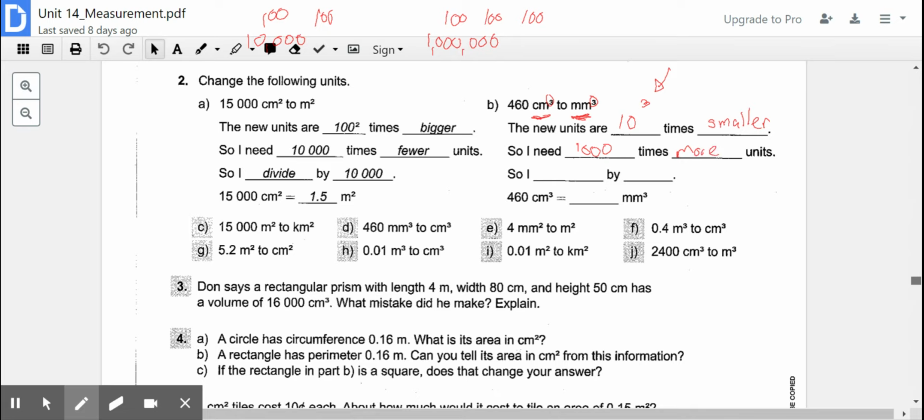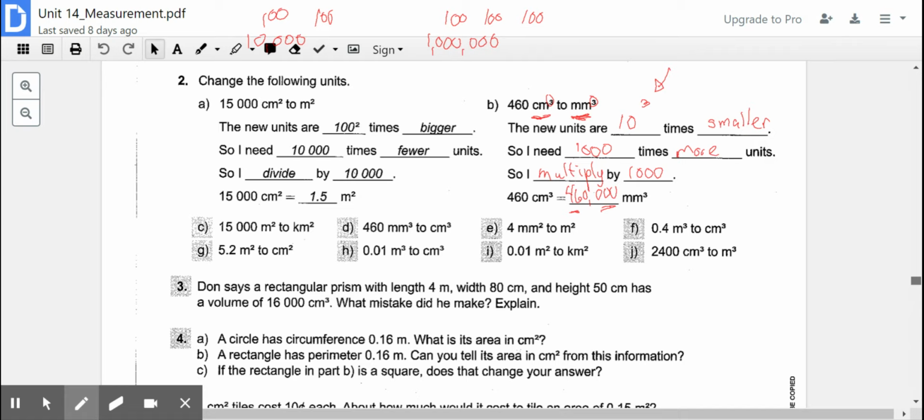So I multiply by 1,000. 460 times 1,000 will give me 460,000 millimeters cubed. Now I'm putting the commas in there just so you can see on this little screen where my hundreds and where my thousands are. That allows me to read the numbers very quickly.